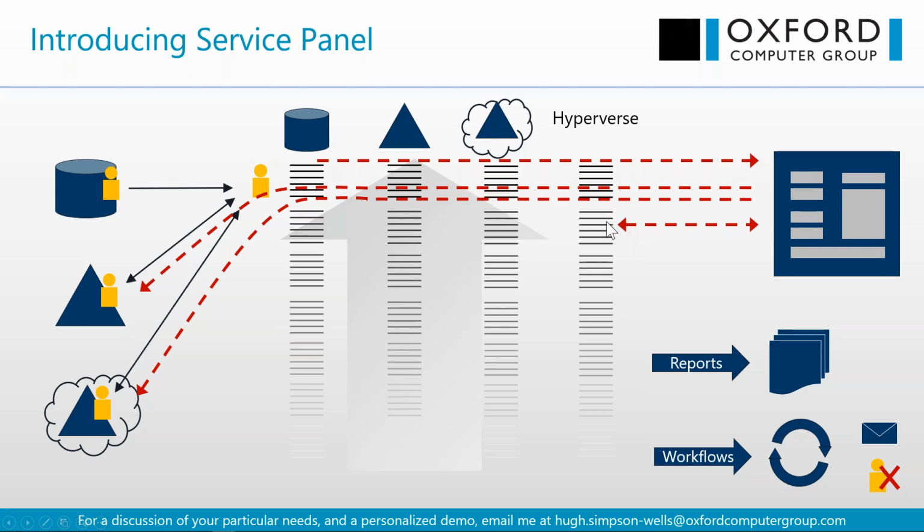It could be that we're even wanting to store quite separate data in a separate silo. So if, for example, we're dealing with contractors, temporary staff of some kind, it might be useful to have a silo for that that's simply handled by Service Panel.